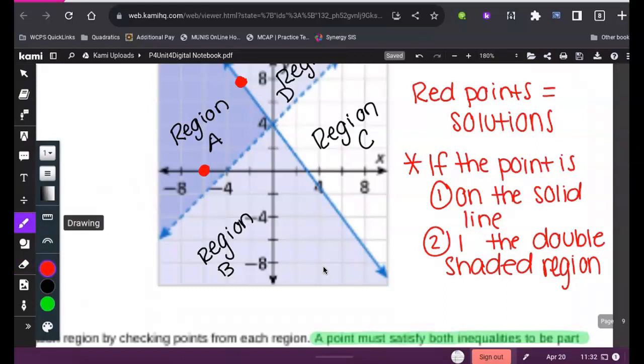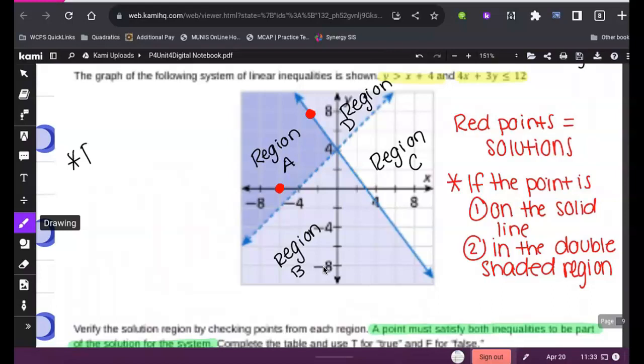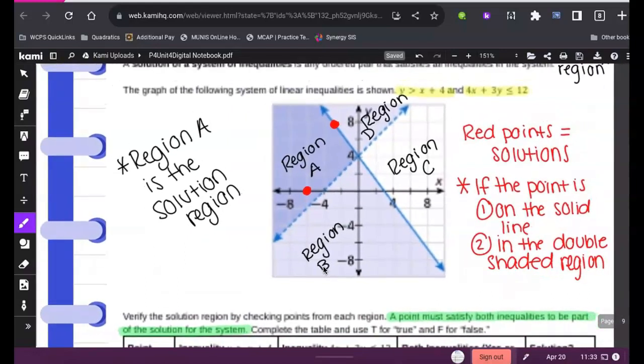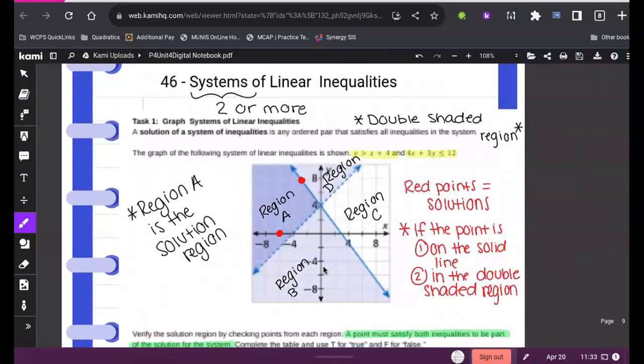In order for a point to be a solution, it has to either be on the solid line or it has to be in the double shaded region, the region that is darker than the other ones. So in this case, region A is our solution region, because that's where my darker shaded region occurs. And that's how you determine if a point is a solution or not, if we're given a system of linear inequalities.